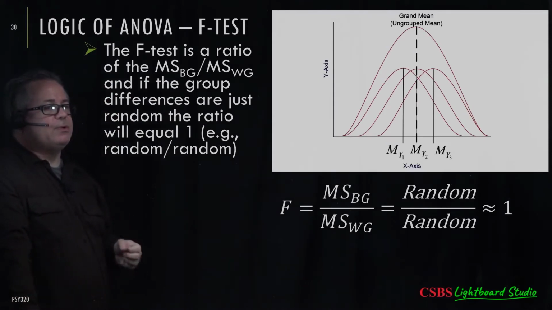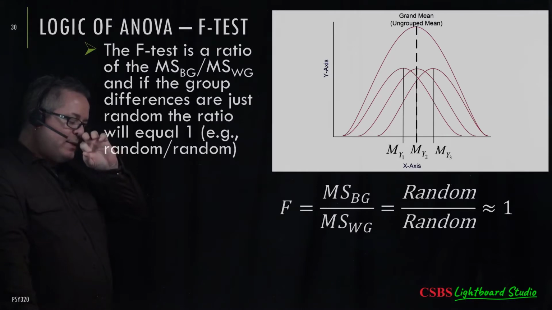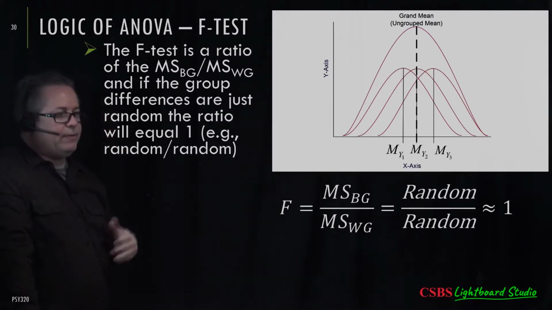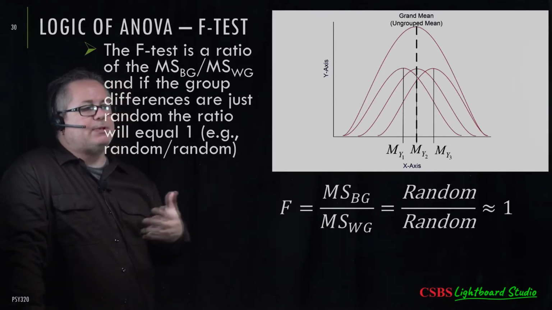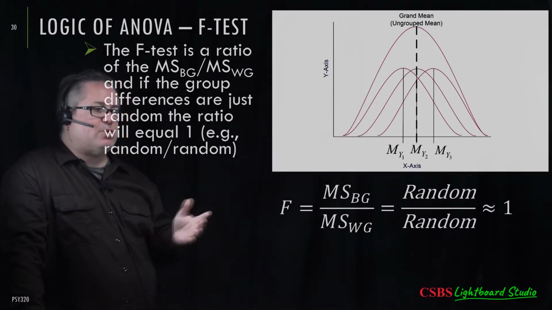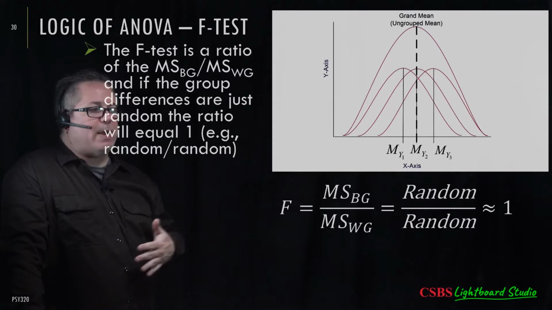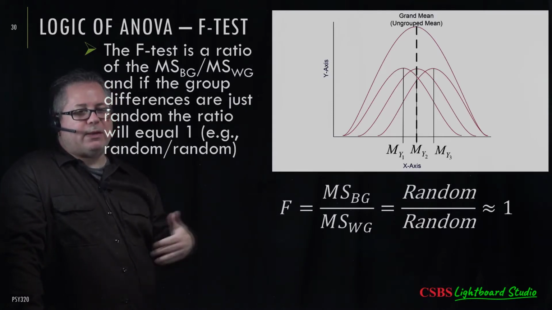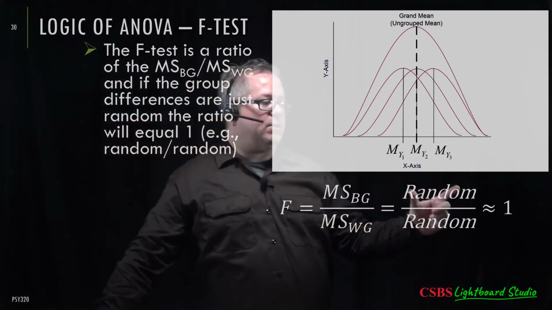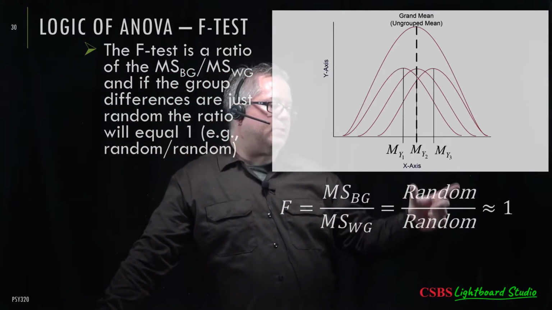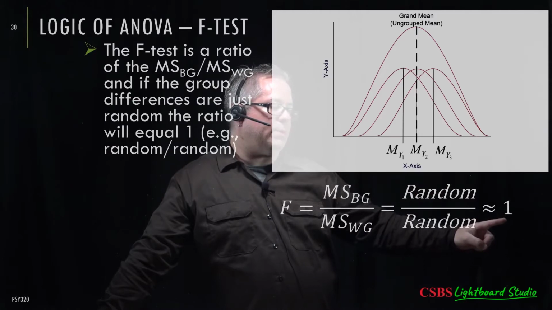And if the group differences are just random, so let's say we give the babies these different brands, and they really don't differ that much, the differences between the groups are just random. So you get random between-groups variance over random within-groups variance. They're going to be about the same size, so when you divide them, you're going to get a number about 1.